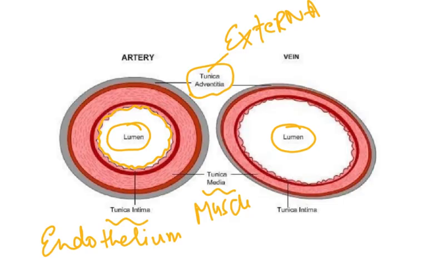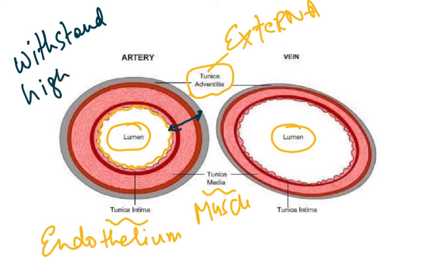And now let's discuss the structure and functions of the arteries, veins, and capillaries. But here you can see the artery. Now the artery has a very thick wall. So the thick wall of the artery ensures that it can withstand high pressure.